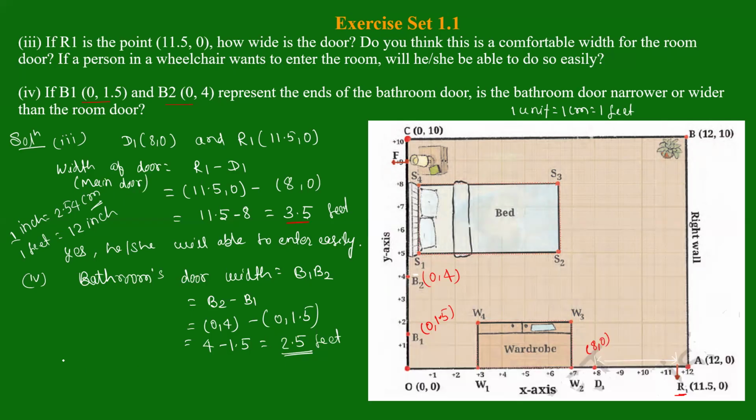So finally, the bathroom door is narrower. So first we need to understand the question. After that, we only have to play with the coordinates. So this is the one question of exercise set 1.1.